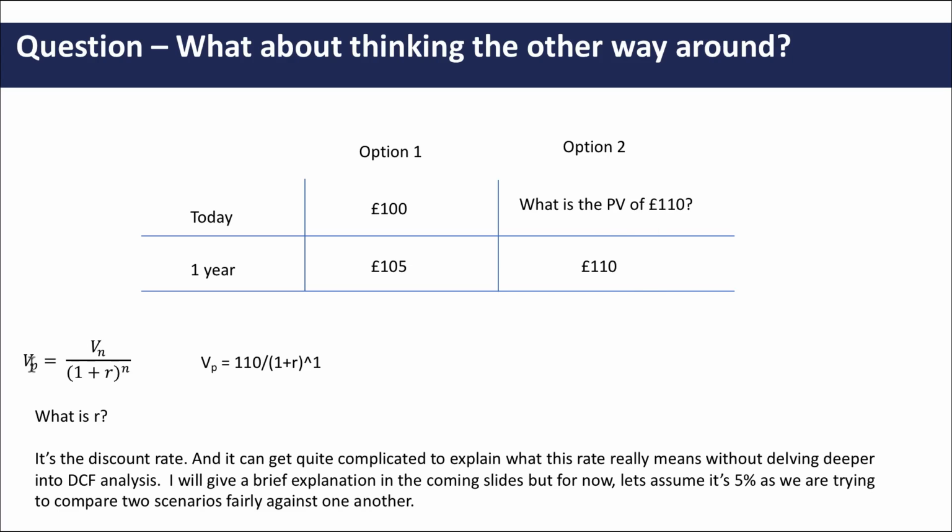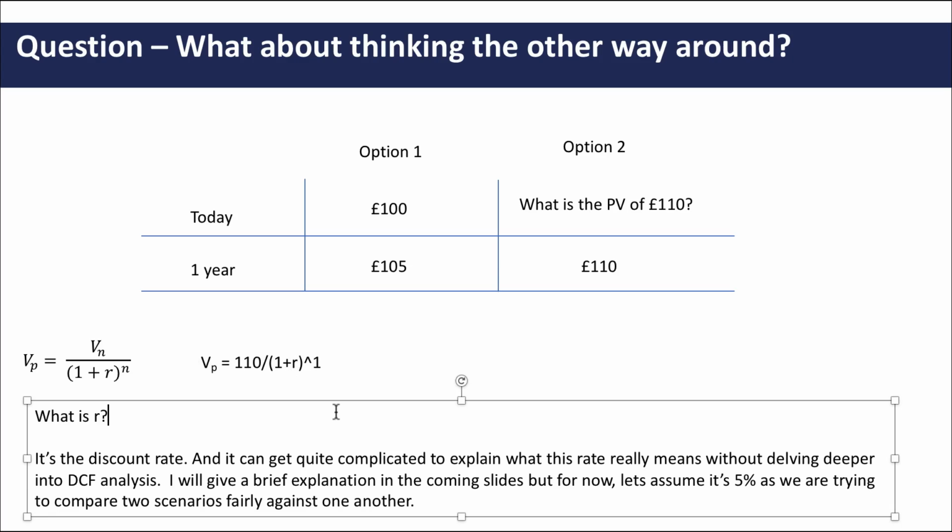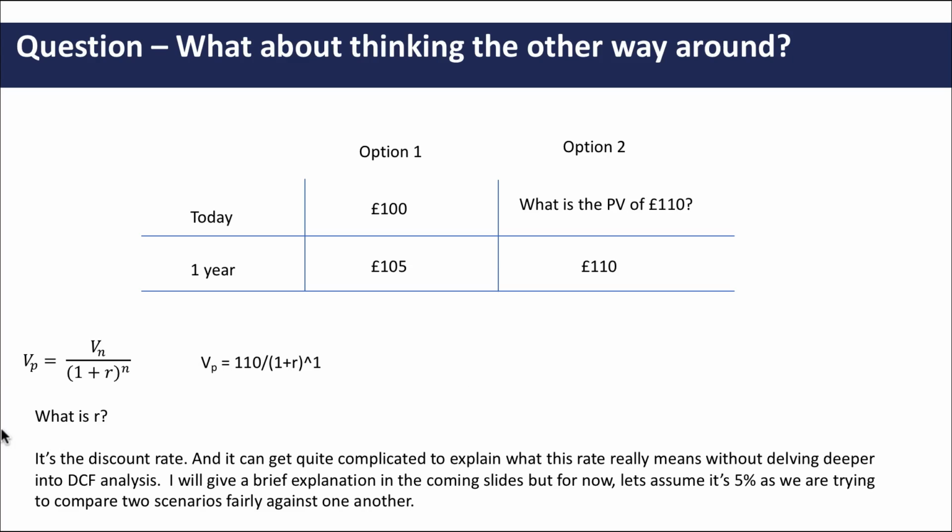Well, let's work it out. VP equals Vn divided by 1 plus R to the power n. So my present value of this is £110 divided by 1 plus R to the power of 1. What is R? The discount rate. It can get quite complicated to explain, and we will explain it later on.